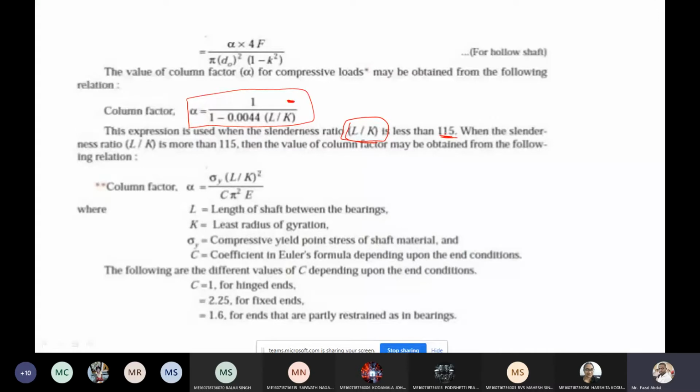If the L by K ratio exceeds 115, we need to consider this other alpha column factor.